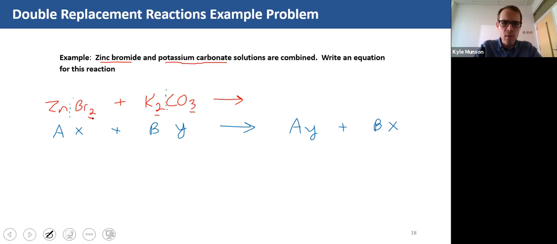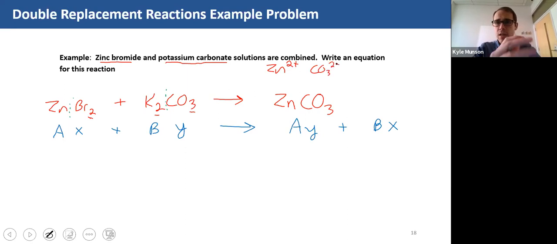So A with Y. So we're gonna get zinc carbonate. And zinc has a 2+ charge. Carbonate has a 2- charge. So those charges cancel out. The formula unit has a net neutral charge.